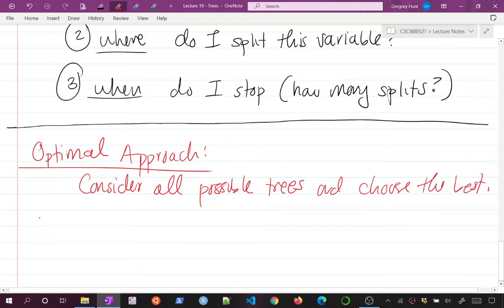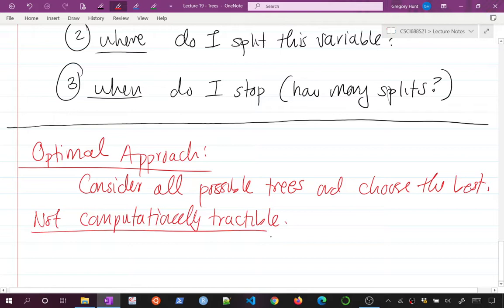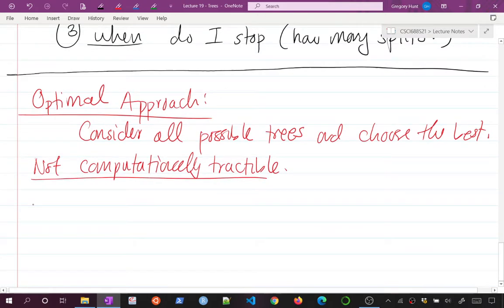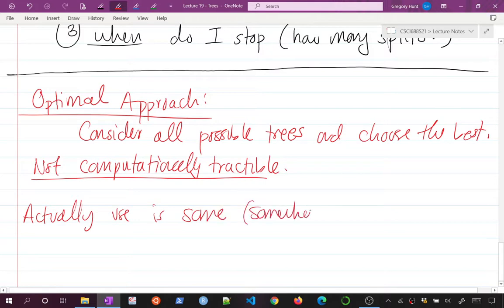This is obviously not computationally tractable. So unfortunately, we can't just look at all possible trees and choose the best one. What we're actually going to use is somewhat of a greedy approach. We'll talk about it.